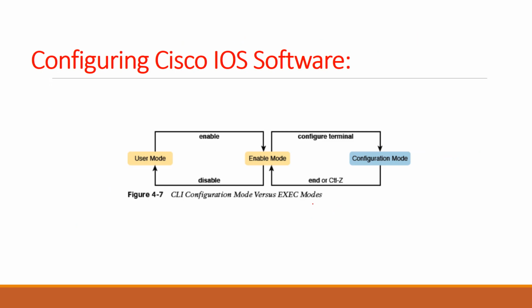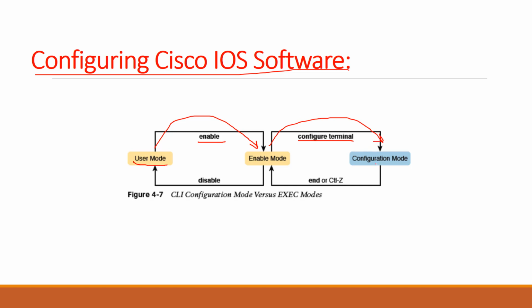So let's learn how to configure Cisco IOS software. And I think we mentioned some parts in the Packet Tracer example. If you are at the user mode and you want to move to the enable mode, type enable. Then you will move from the user mode to the enable mode. If you type configure terminal, you will move from the enable mode to the configuration mode.